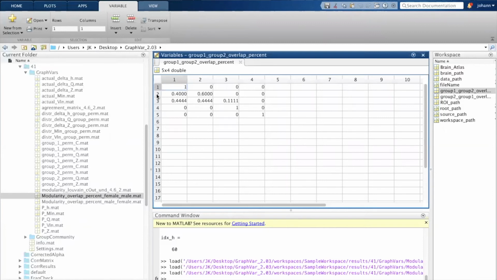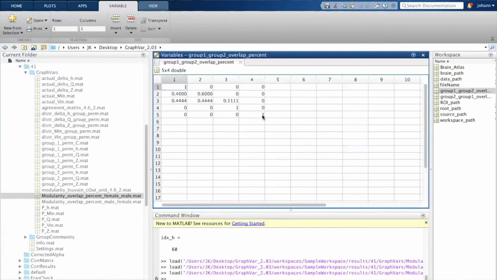And we see here that module 2 is basically shared between two modules in the male group, namely to 40% with module 1 and to 60% with module 2. But here, for example, module 4 corresponds to 100% to module 3 in the male group, and the nodes of module 5 in the female group correspond to 100% to the nodes in module 4 in the male group.